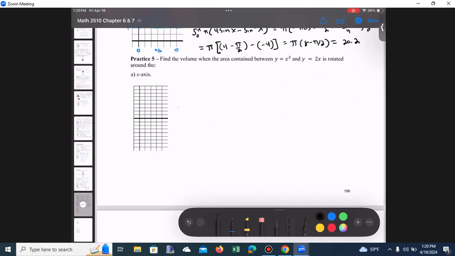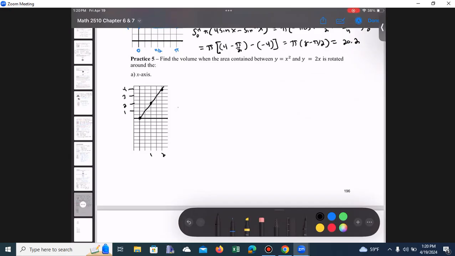All right, so first for the x-axis, I'm just going to draw it once. 0, that's going to be 1 and 2. So 2 times 1 is 2, 2 times 2 is 4.